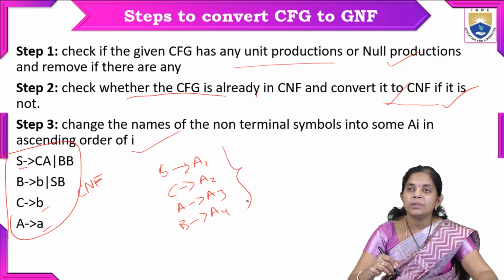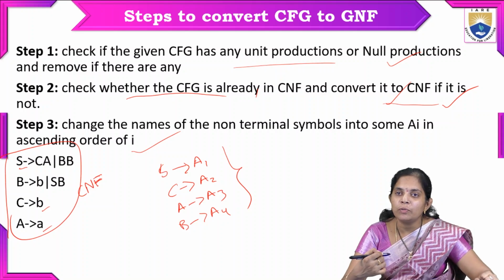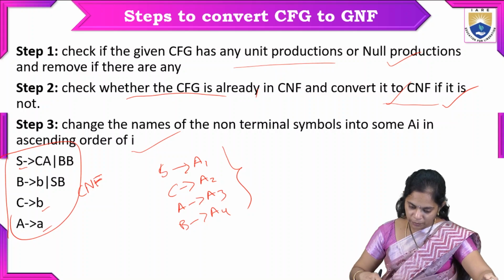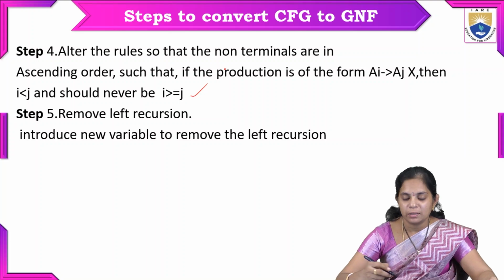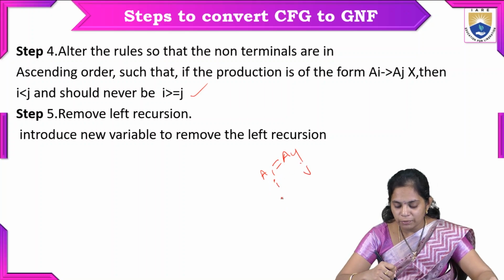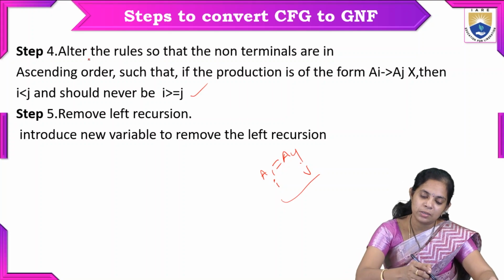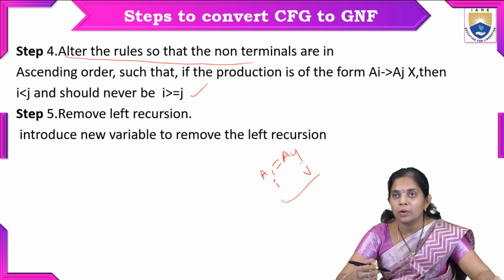So like this we need to change the names of the non-terminal values, and then next we need to check. So here suppose A1 is equal to A4 like this. So this is the i value and this is the j value. We need to check for the two conditions. So alter the rules so that non-terminals are in ascending order.